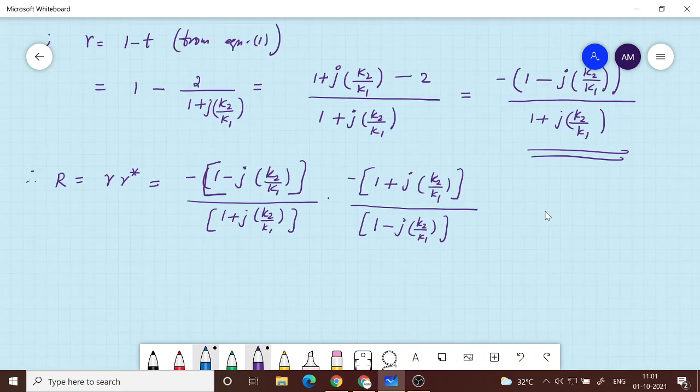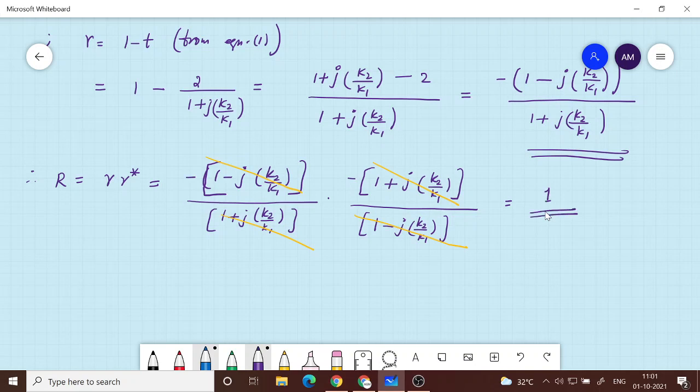In the numerator it was minus, so I put plus here. In the denominator it was plus, I put minus here. Now if you look at this, this term is exactly this term. Minus into minus, so we get it as 1.